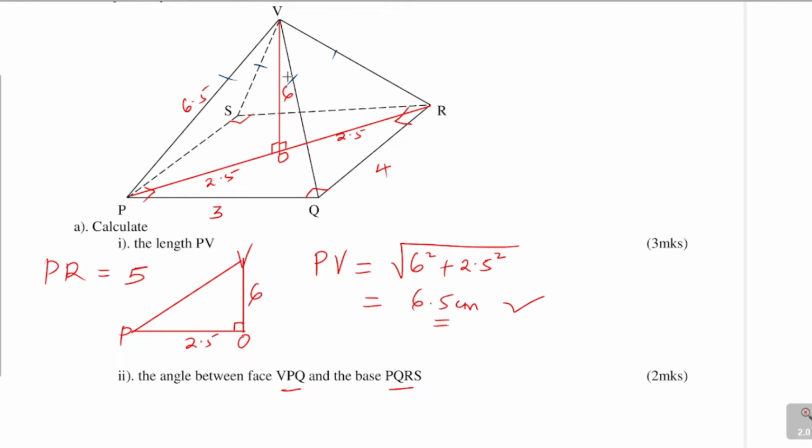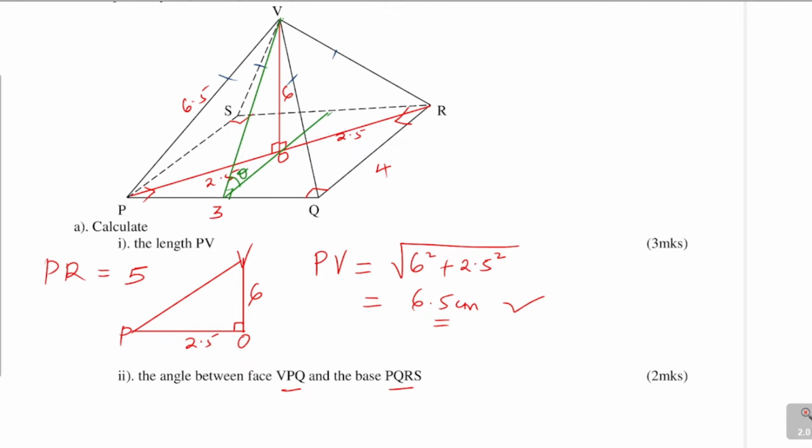In this plane VPQ, I will simply draw a straight line that is perpendicular to the bottom plane at this point, and then another straight line passing through O to that point. So the angle that I require is this. This will be the angle between the two planes.